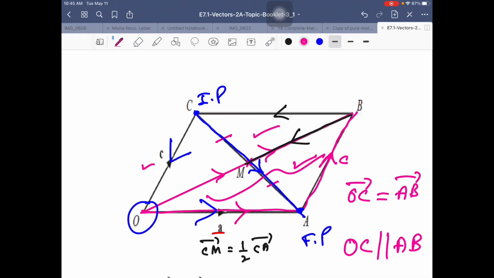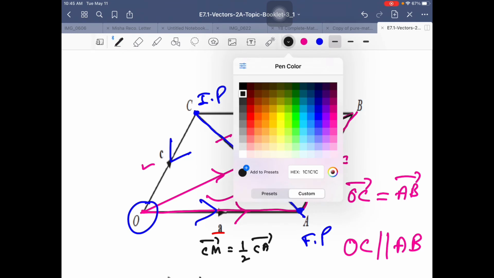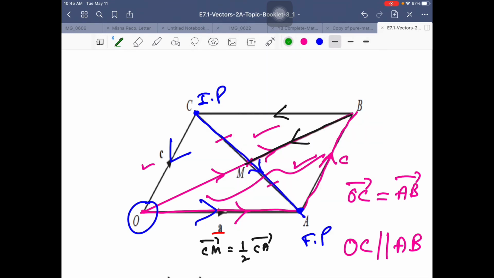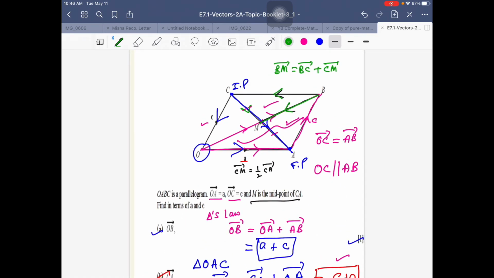Okay, let's consider the upper triangle BMC. Let's change color to green. I'm considering triangle BMC. So BM vector, B to M, by triangle's law will be equal to BC vector going the other way via C, plus CM vector.